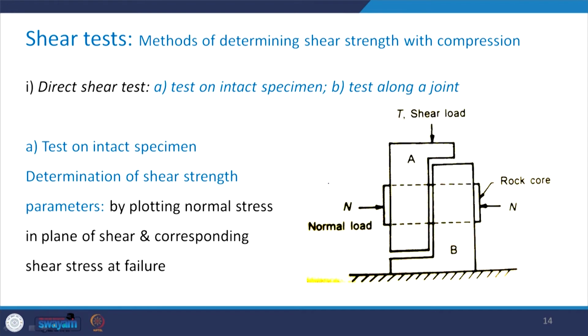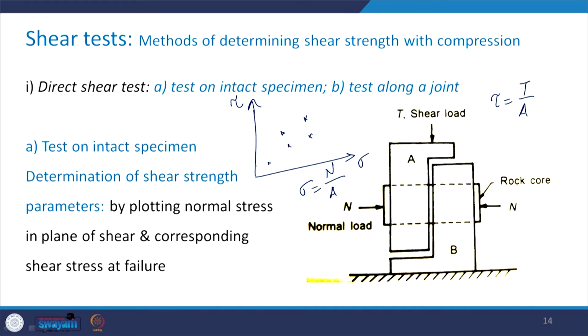So, here we find the shear stress, tau equal to T upon A, and the normal stress, sigma, as N upon A. And if we plot these, here it is sigma and you have tau at the failure. Let us say I test 3, 4 or 5 specimens, and I get this kind of curve.